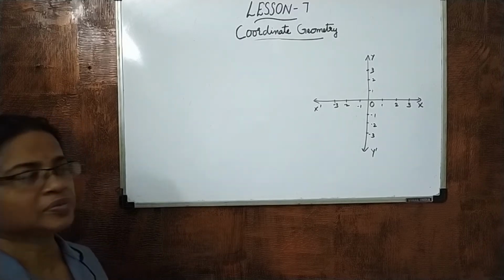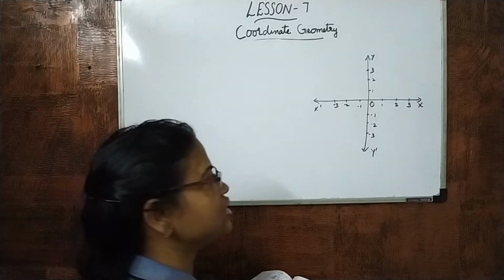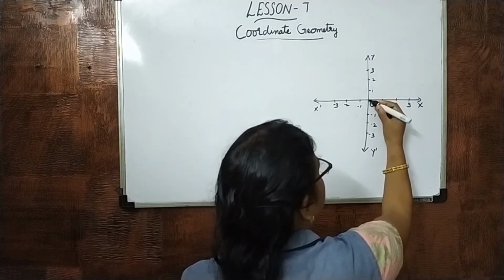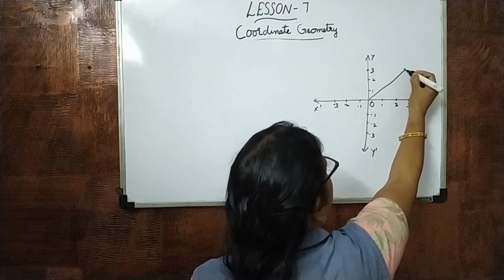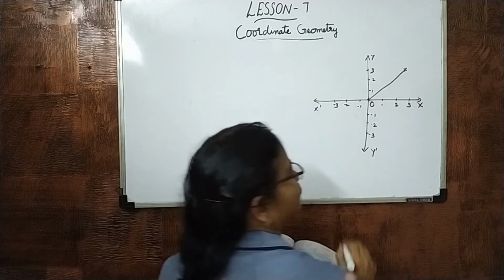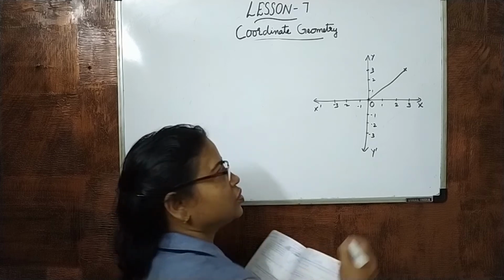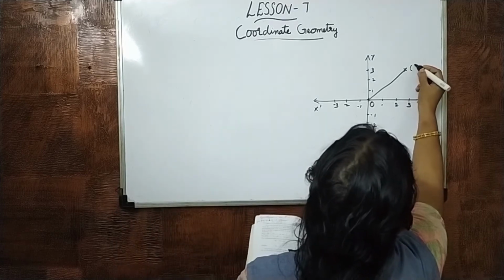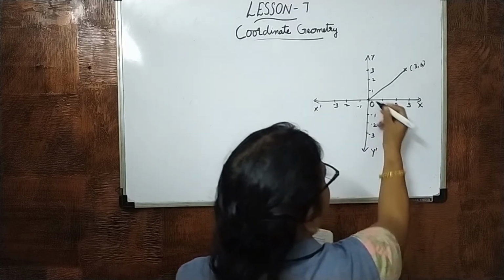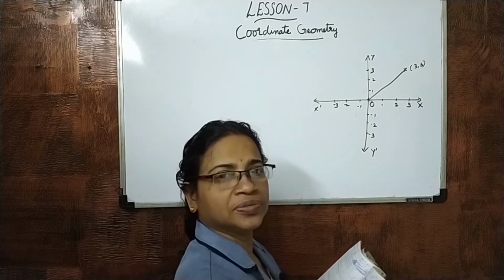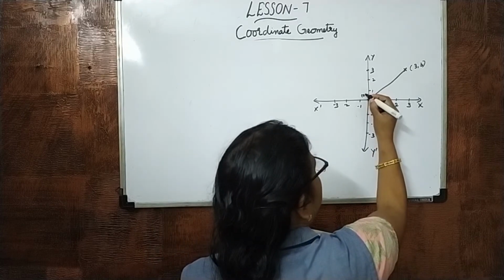First thing, if you want to find out the distance from the origin to a point, suppose from here to here, how will you find out? Here just look, it is 3, 3. What are the coordinates of the origin? Origin is 0, 0.